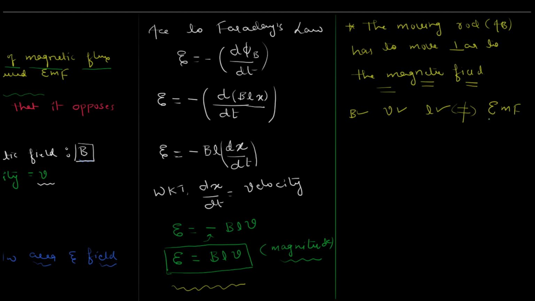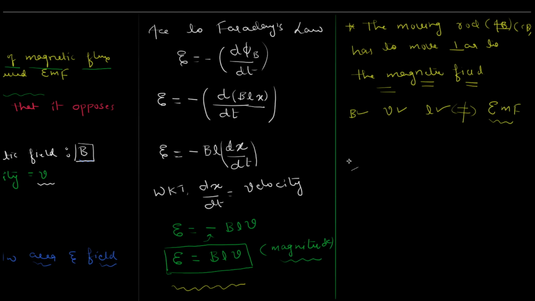My explanation is going to be based on the sentence I have written just before this, that the moving rod, oh my god, the moving rod is not actually AB, it is CD, my bad. The moving rod is actually CD. The moving rod has to move perpendicular to the magnetic field, otherwise you will not have EMF, is what I'm trying to say. Let's see how that works out.